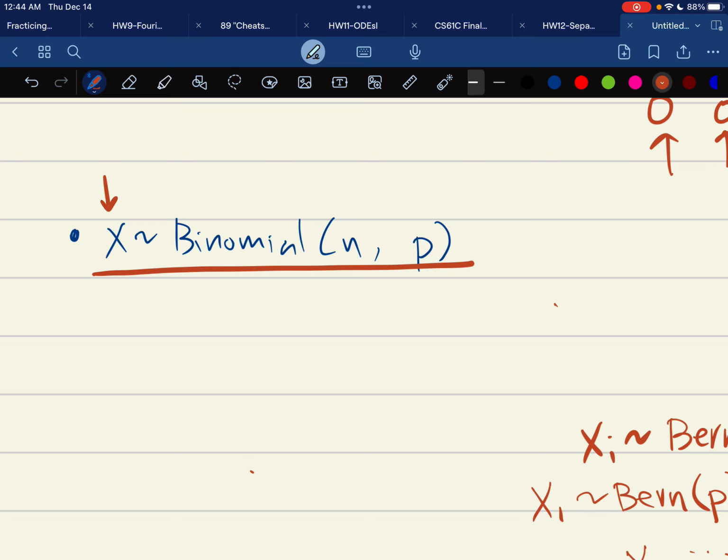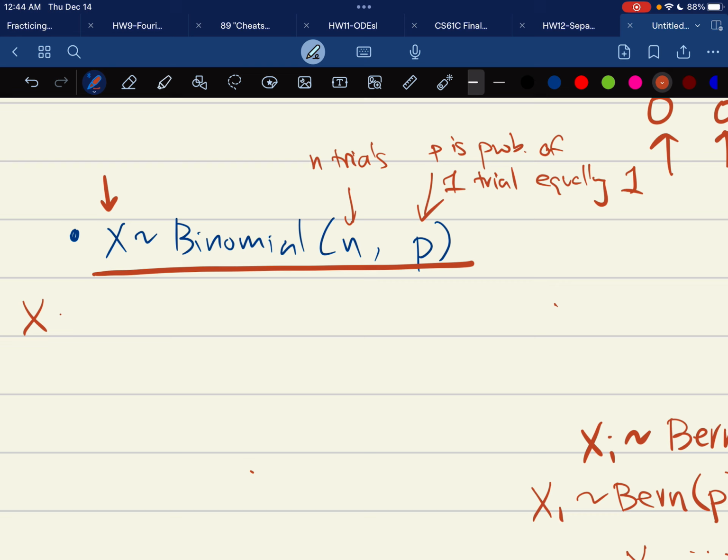So we define x as a binomial distribution with n trials and probability p, where p is just the probability of one trial equaling 1. Another way to write x is the sum of a bunch of Bernoulli distributions, right? Just like in the coin flipping example.